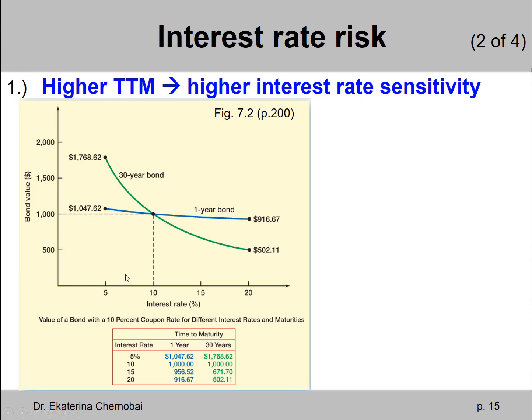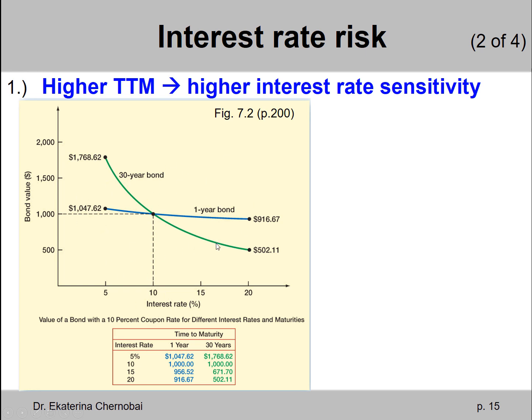Then we know that the relationship between the interest rate and the bond present value is negative. We just had it on one of the earlier slides. And that's why we see the lines sloping down and to the right. Now, why are there two lines? Why not one?